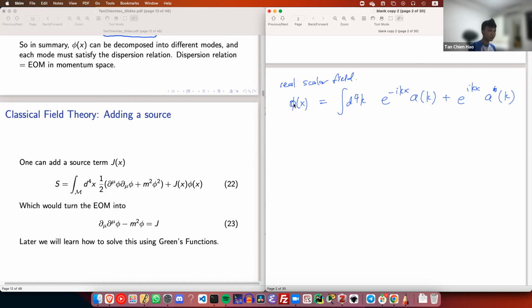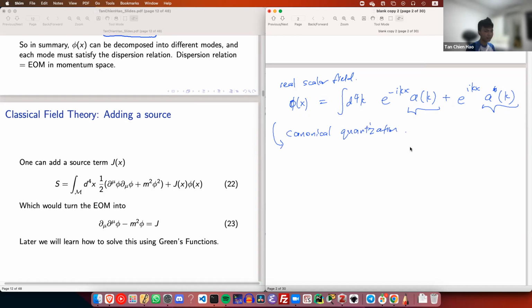If this is a Fourier expansion in terms of Fourier modes, it turns out that after the process of canonical quantization, which I'll go into in greater detail in the next lecture, these coefficients in the Fourier expansion actually become operators.